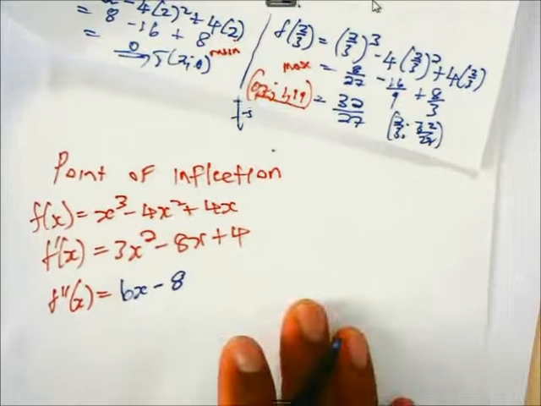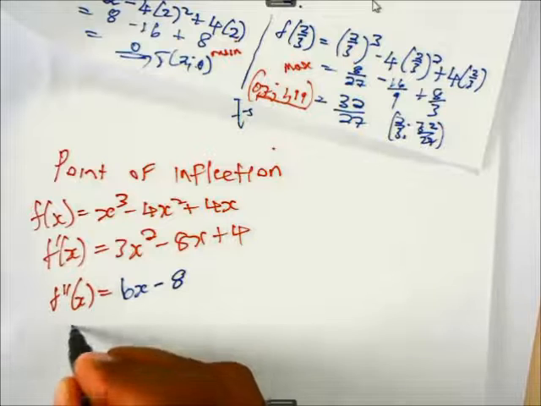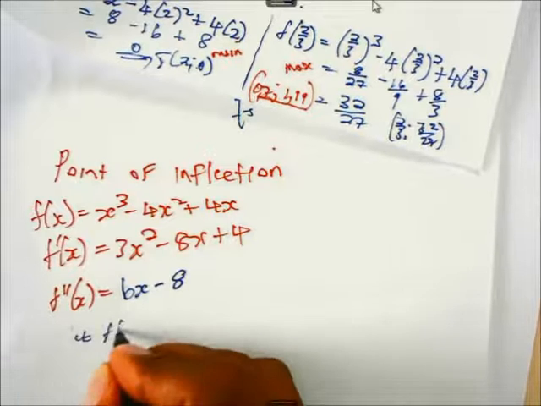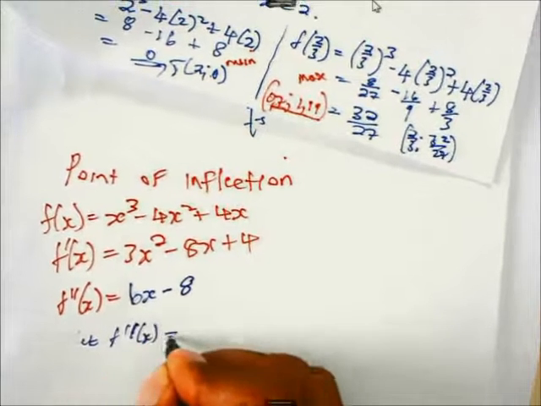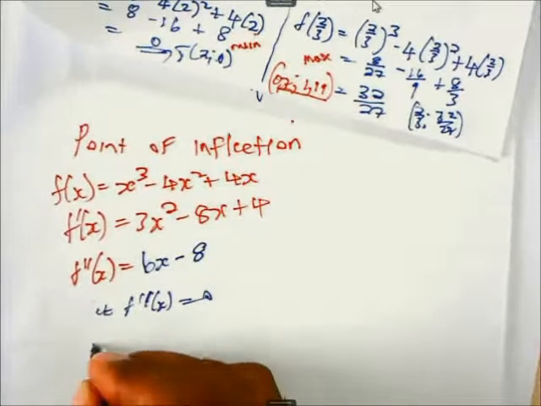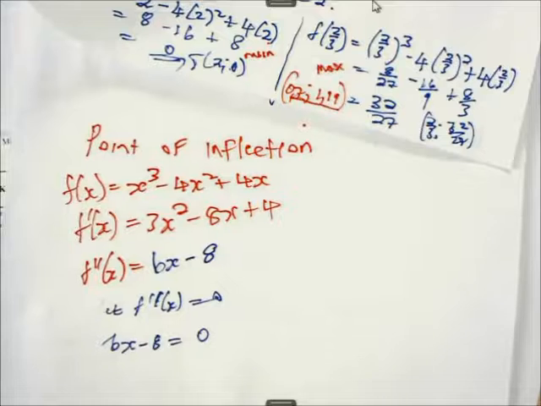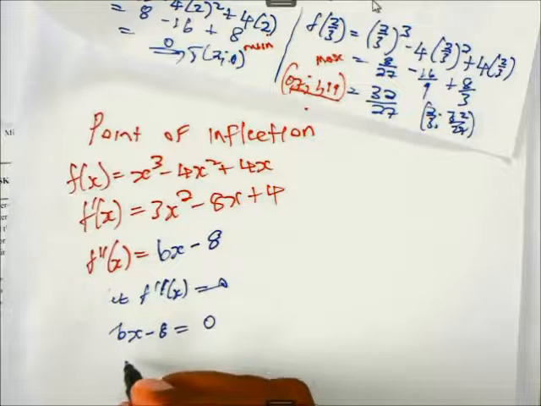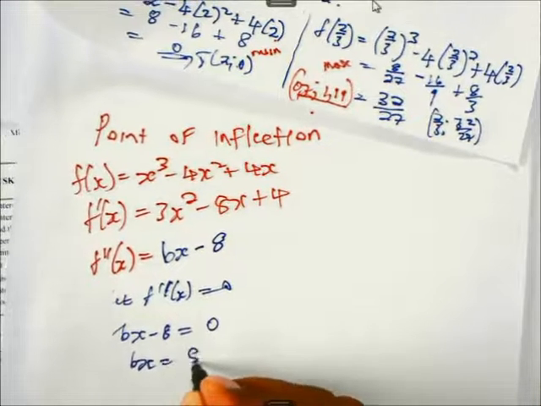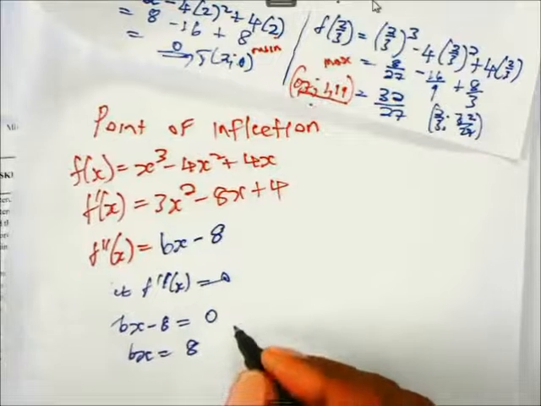And of course, the other thing which is very important, you must let f second prime of x be 0. Then we have 6x minus 8 is equal to 0. And now from this one you can say 6x is equal to 8. When you move it to the other side, it's going to be positive 8.